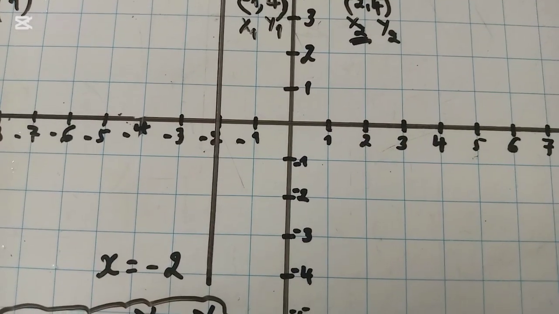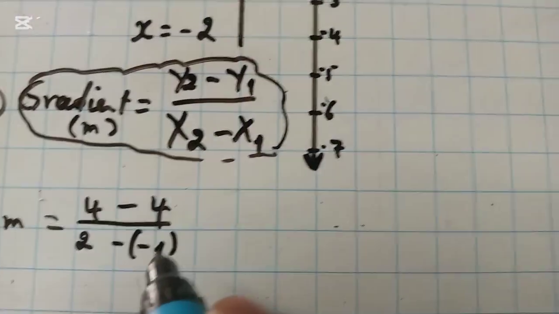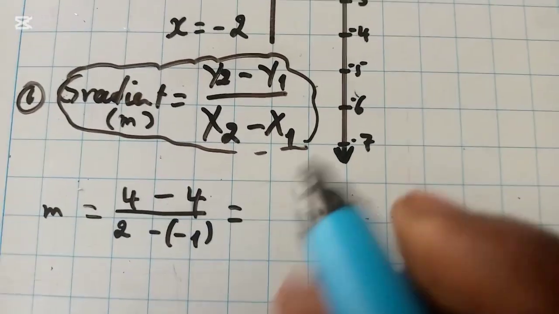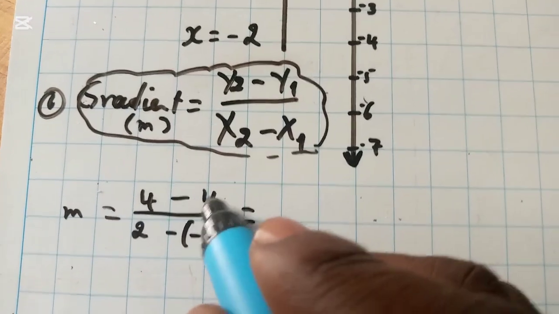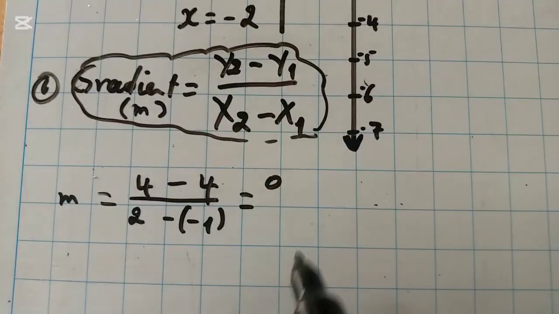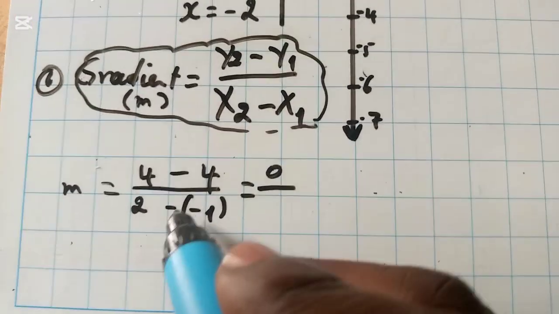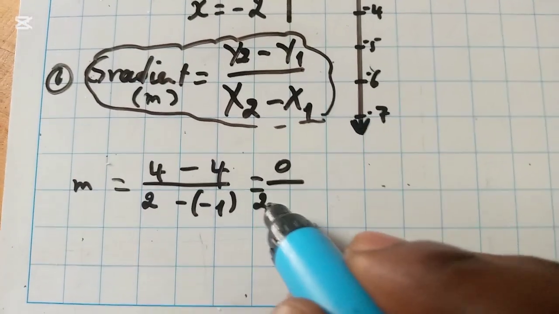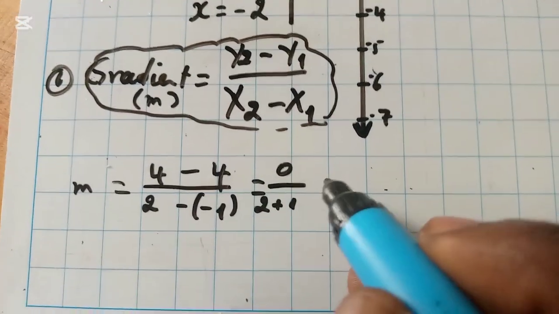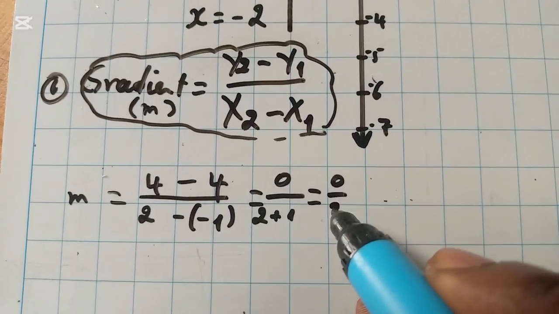So we have to subtract negative 1. This is equal to 4 minus 4, which is 0, divided by 2 plus 1, which gives 0 over 3.